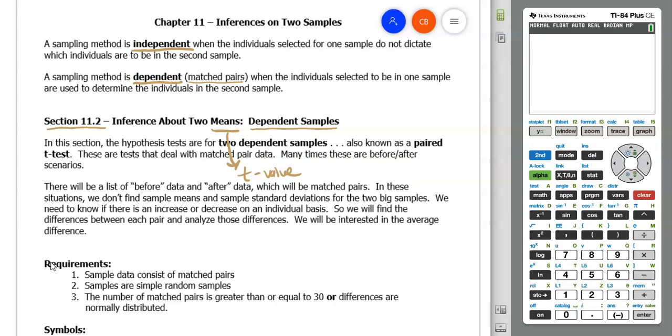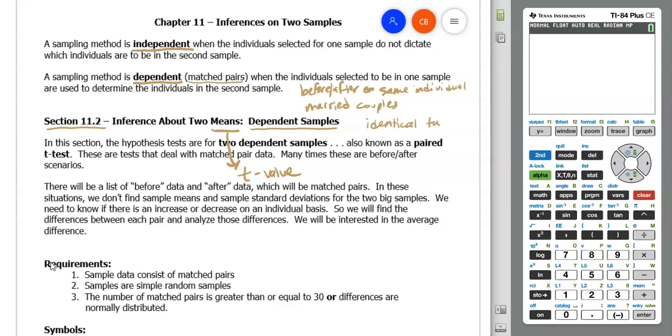Sometimes this might be the same individual, like a before and after on the same individual. It could also be married couples, because if you pick the husband for group 1, then for sure you're picking his wife for group 2. Or maybe identical twins.